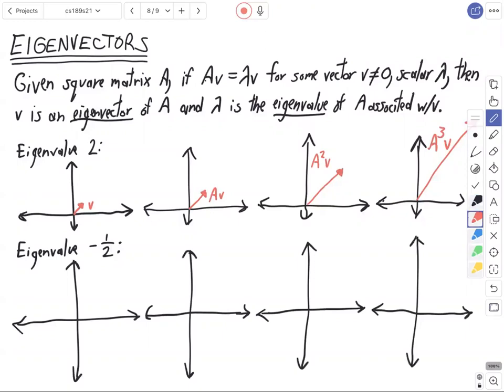Let's start with a vector W that points in this direction, and suppose that it is an eigenvector of A with eigenvalue -1/2.